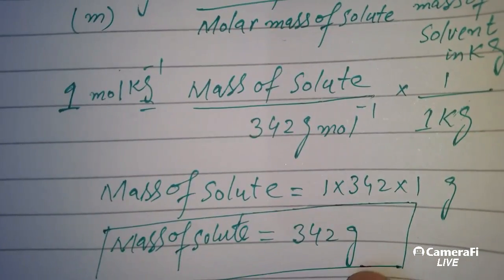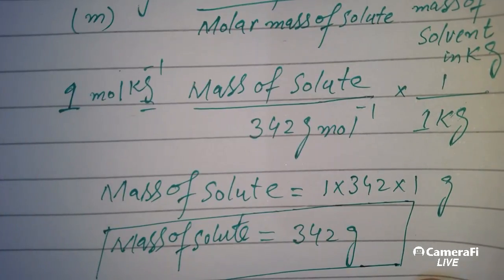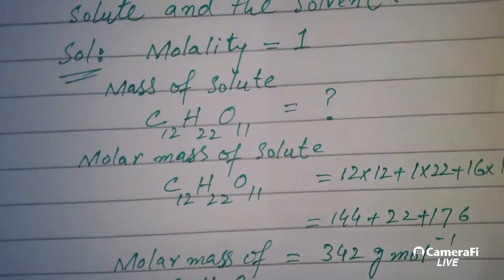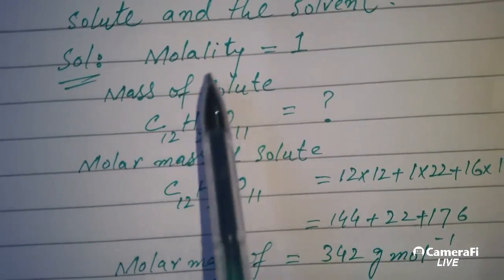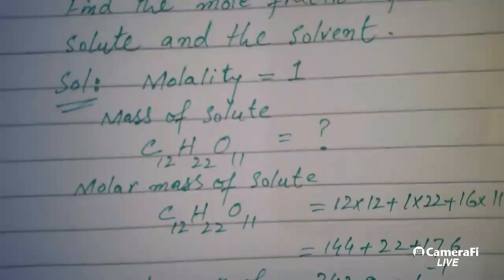Now, from the definition of molality, this 1 molar shows that the number of moles of solute is 1. But anyway, we can apply the formula as well to find the number of moles of solute. It will be 1, of course.